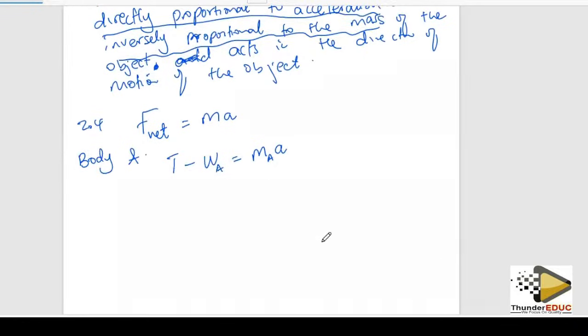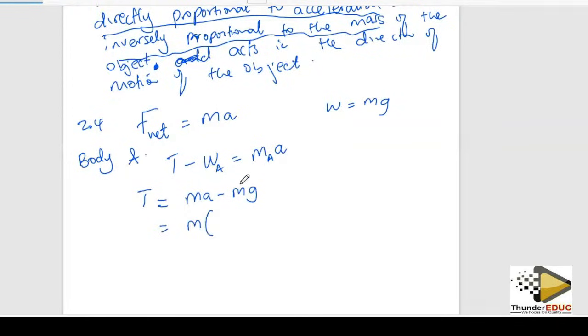Okay, I can do my substitution. I don't know my value of the tension, so I'll say weight is given as the product of mass and the gravitational force. Why don't I just move everything so that I can make tension the subject, so that I have mass times my acceleration plus my weight, which is going to be mass times the gravitational force. So what is this going to become? Mass is common.